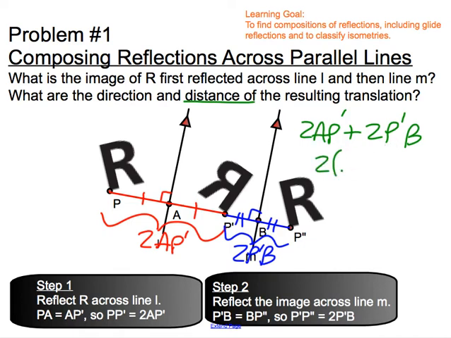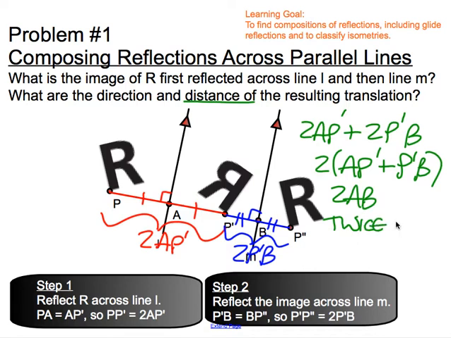So we have 2 times the distance from A to P prime plus from P prime to B. If we remember all the way back to chapter 1, we can use the segment addition postulate here since these three points, A, P prime, and B, are collinear. We can take the P prime out and say that this is twice the distance from A to B. So the distance when we're composing reflections across parallel lines is twice the distance between the two lines.